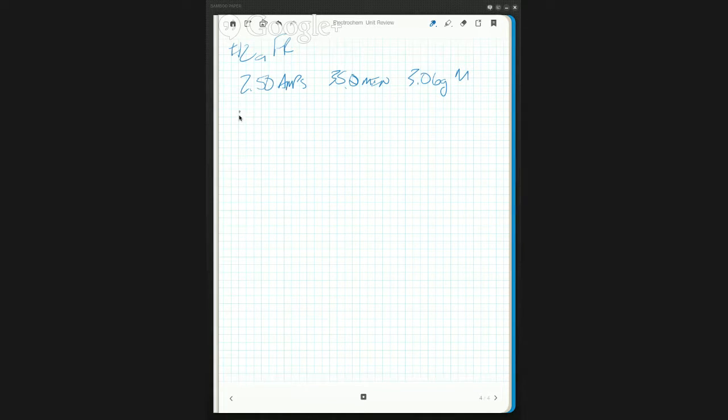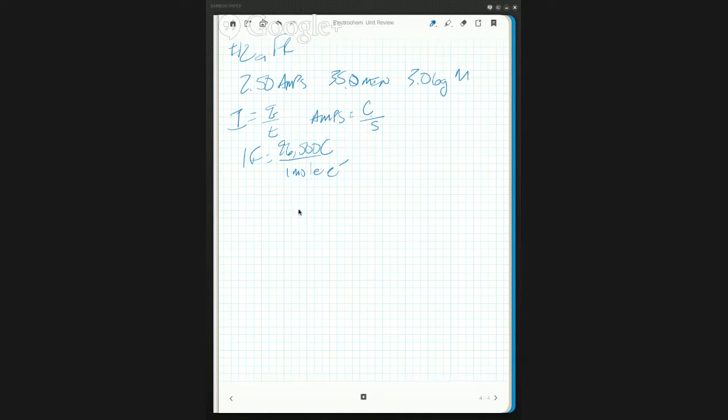So we want to know the molar mass of this unknown metal. If you remember, I equals Q over T, which is the amps equal to the coulombs over seconds. And then 1 Faraday equals 96,500 coulombs over 1 mole of electrons.